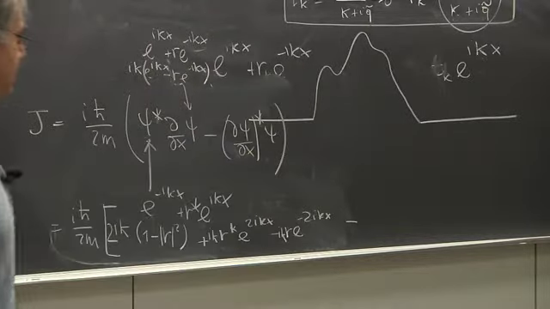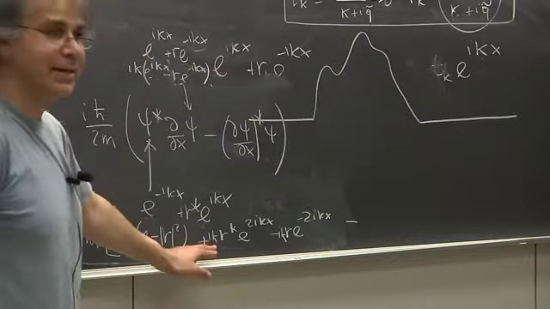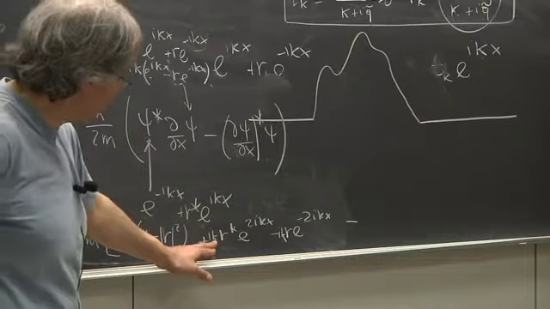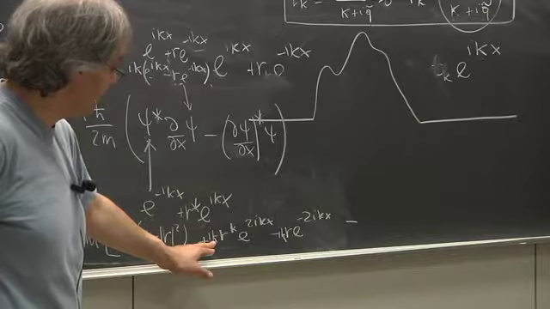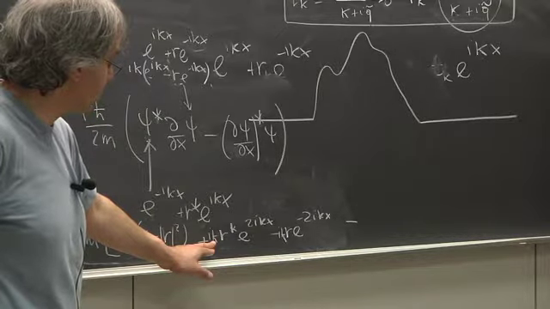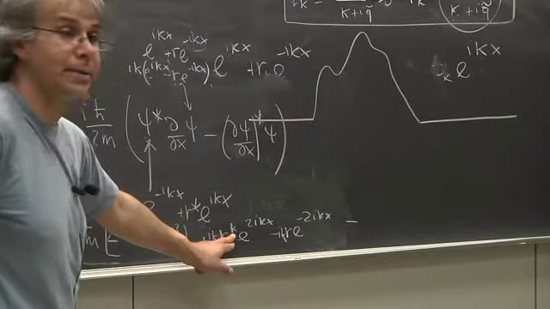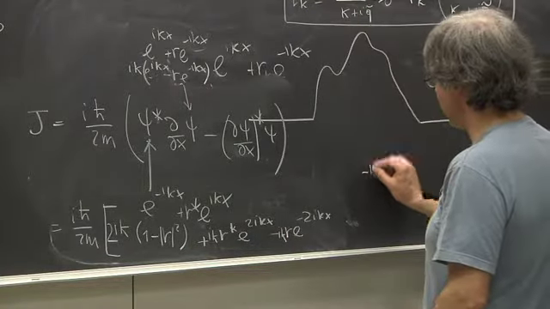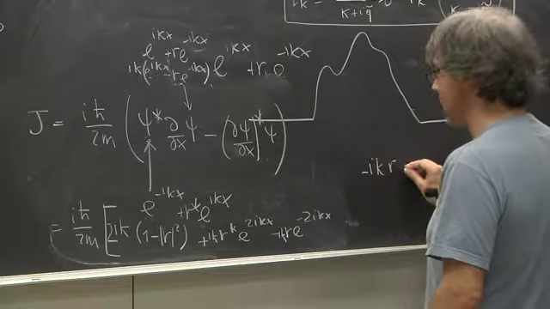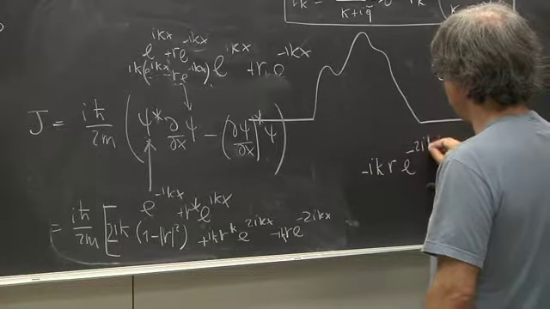Now it's better. So if I take the star of this now, which is minus ik, I subtract it, so it's with the r. It's minus ik r e to the minus 2ikx.